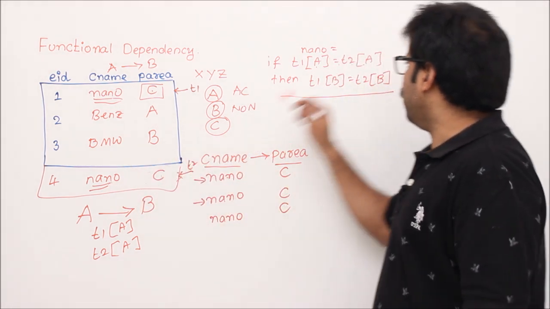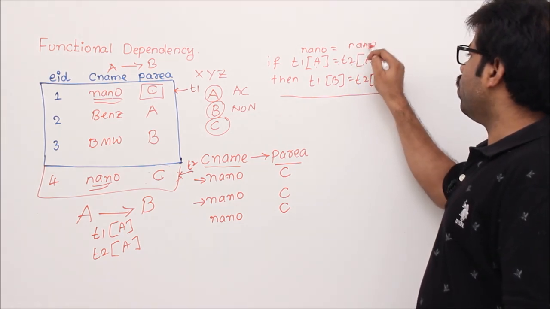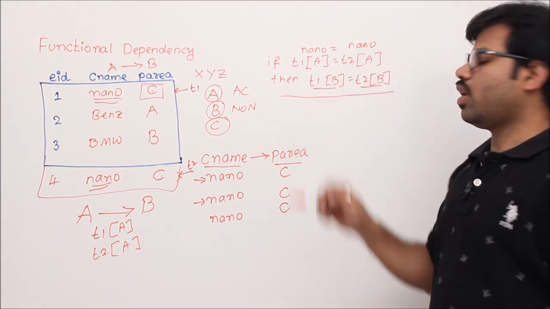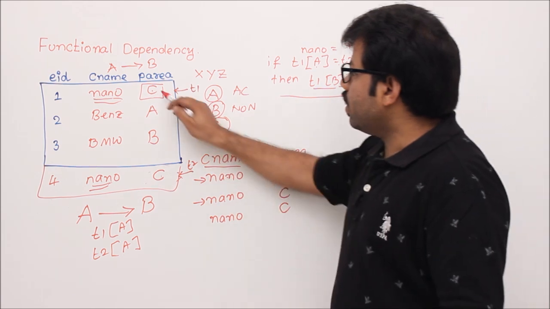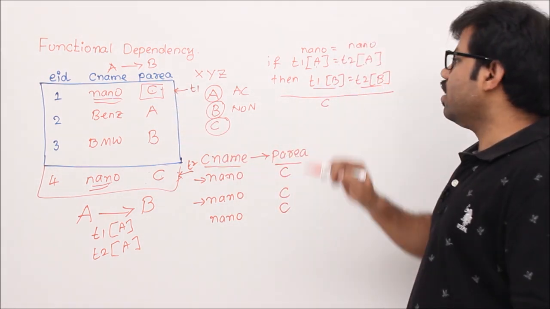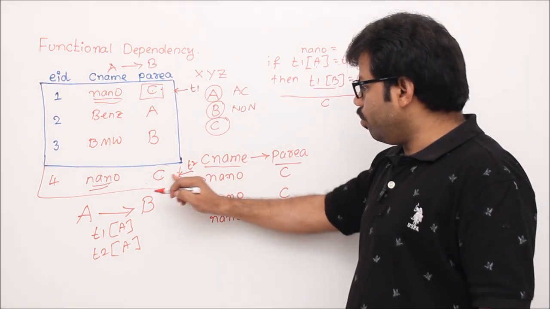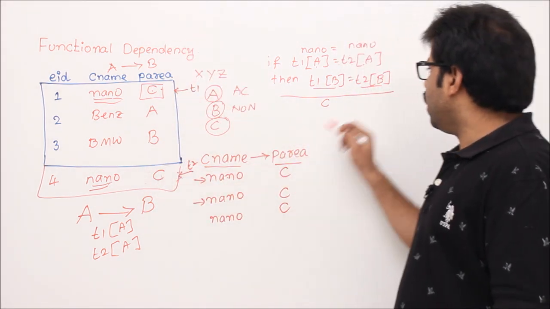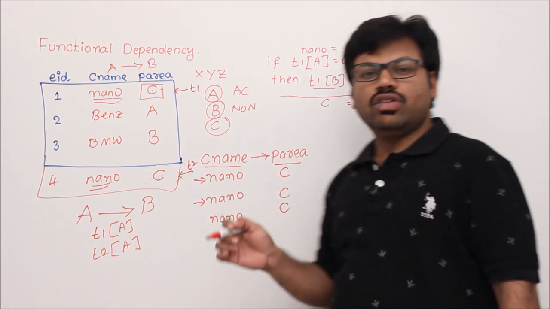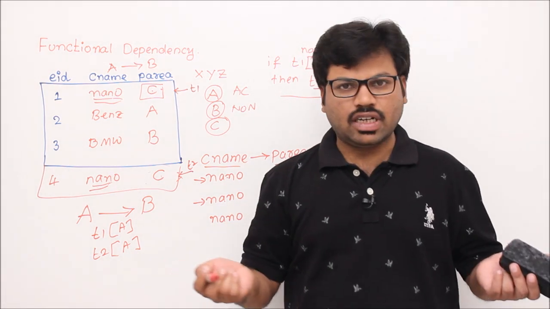Here Nano, right? So Nano equals Nano, then tuple 1 of B must be equal to tuple 2 of B. Correct or not? In B we have C in tuple 1, and in tuple 2 of B, the B column is also C. If you ensure that, we say that you are ensuring functional dependency.